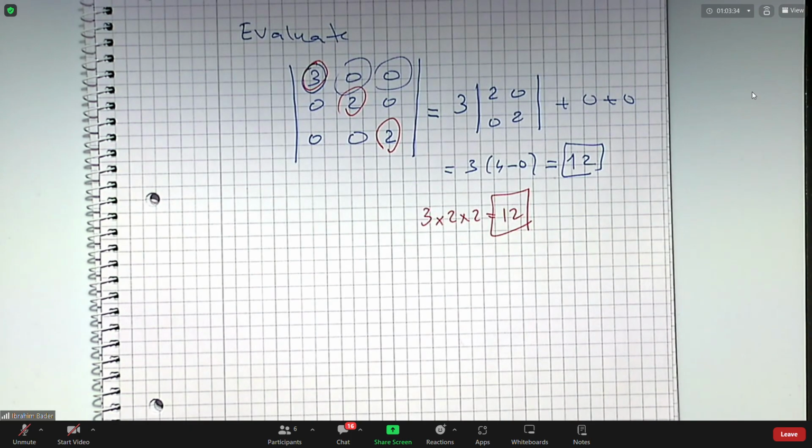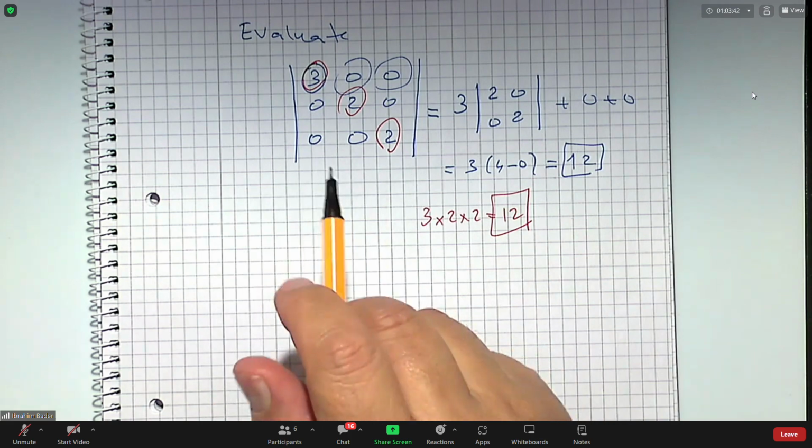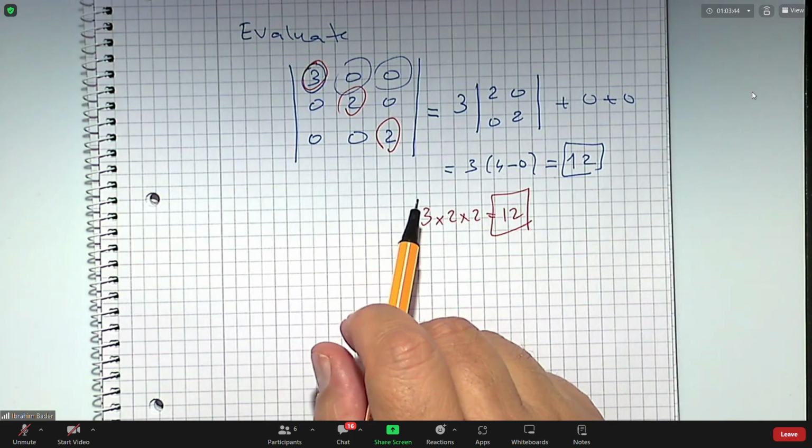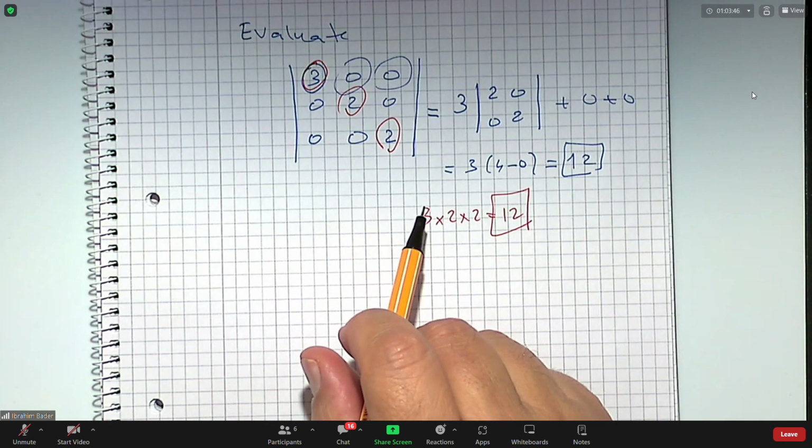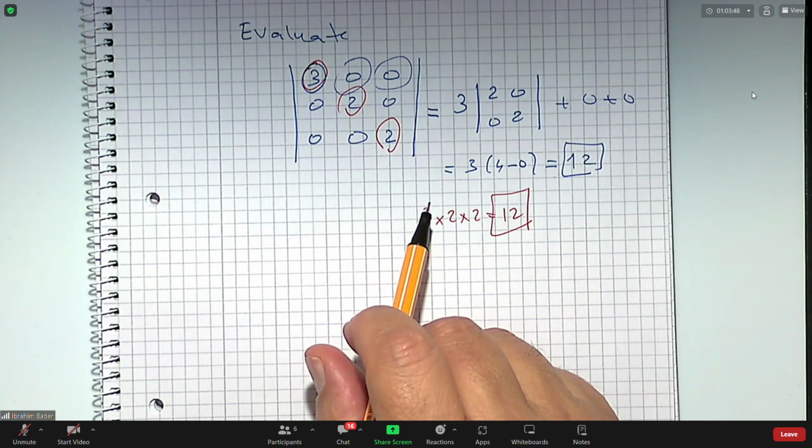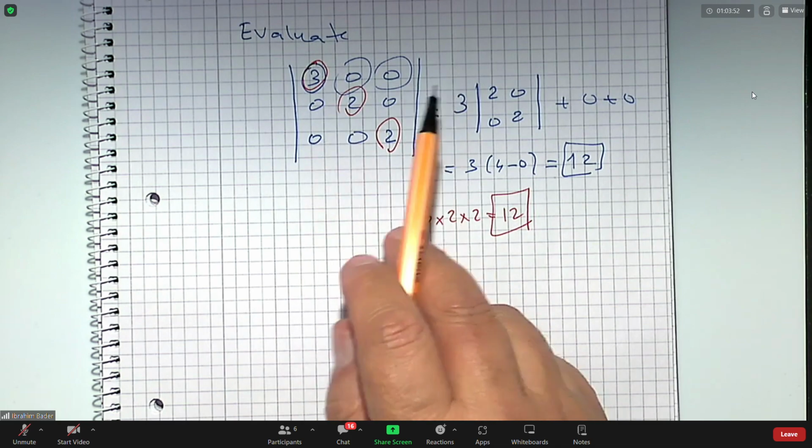Now, maybe I didn't tell you this before, but you might know it: a determinant can actually be evaluated according to Leibniz using any row or any column.